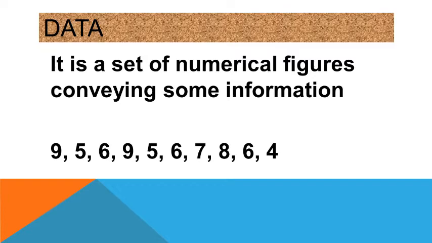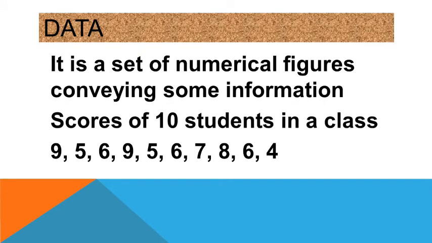But if I tell you these are the scores of 10 students in a class, then this data has become meaningful. Why? Now this data is giving you information about the scores of 10 students in a class. Hence, now you have understood what is data. It is the data that gives you some information. Till the time it has not been given any information, these are just numbers. Now, since they are giving you information, it has become meaningful.